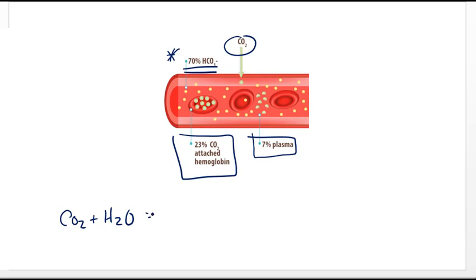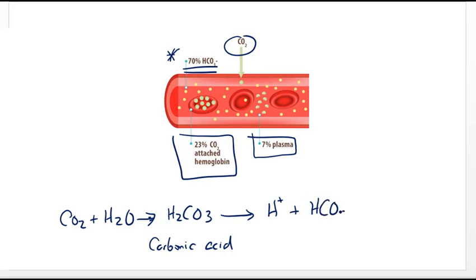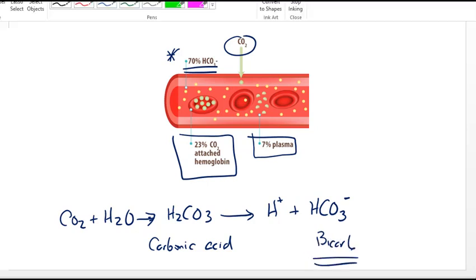CO2 from the cells binds with water, and that forms H2CO3, which is called carbonic acid. That carbonic acid then dissociates into a hydrogen ion and HCO3, which is called bicarb. That's what they mean when they say it's transported as bicarb.